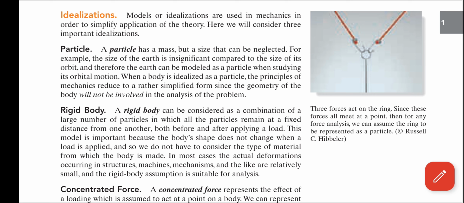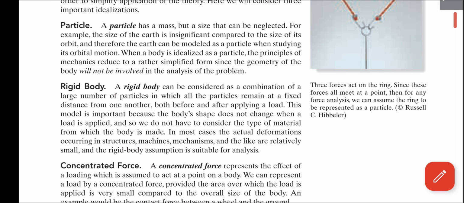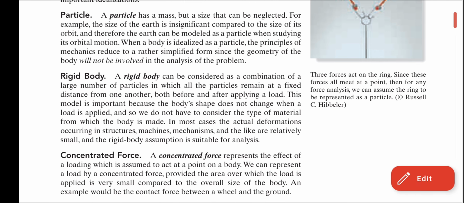Okay, here we go with our particles or our bodies. We will deal with a particle. A particle has a mass, but it's negligible. Its size can be neglected, and also its mass can be neglected.